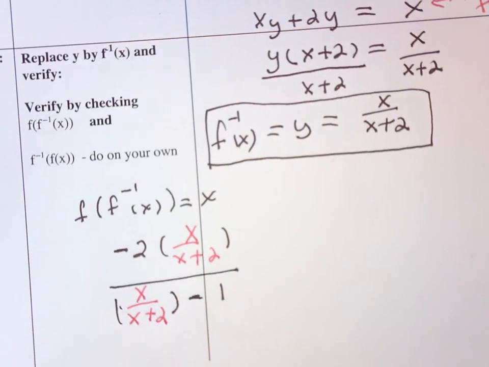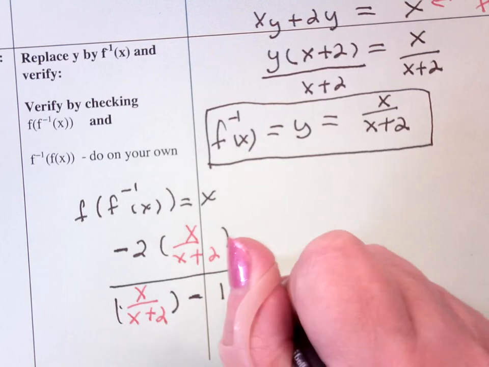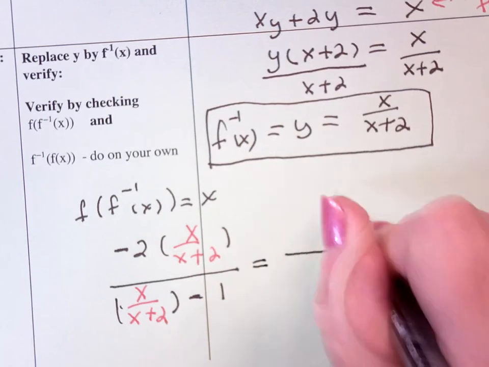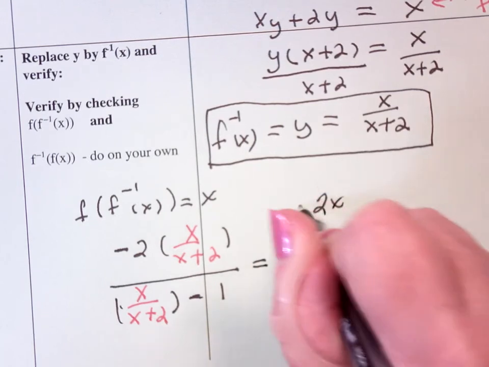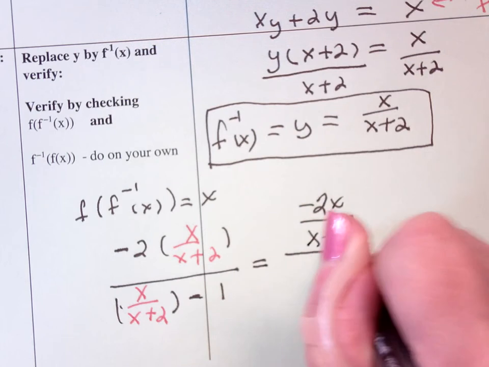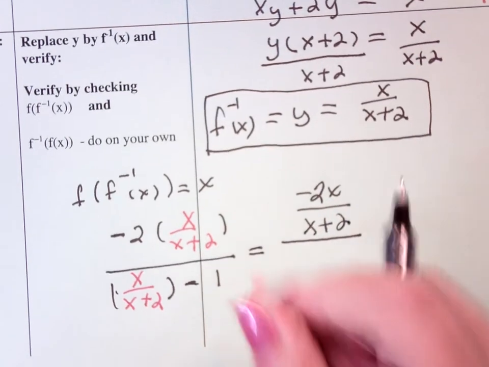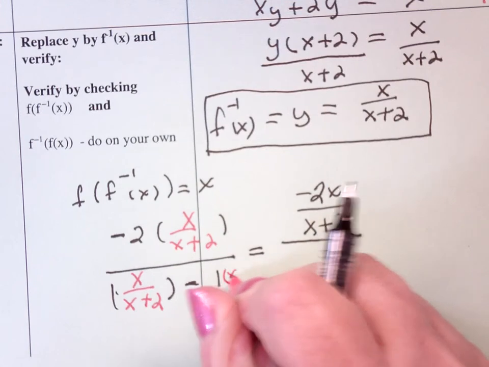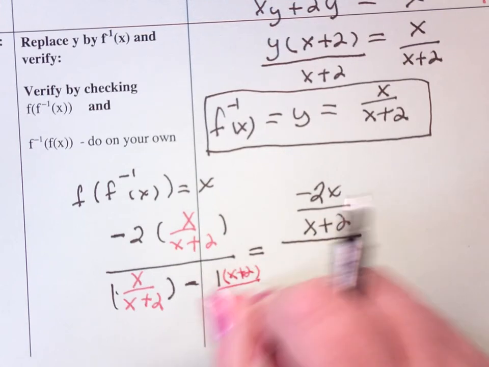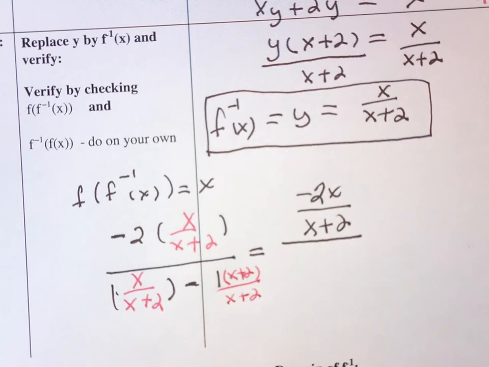That's how we get complex fractions. So I'll have negative 2x over x plus 2. And then here I need a common denominator, x plus 2 over x plus 2.